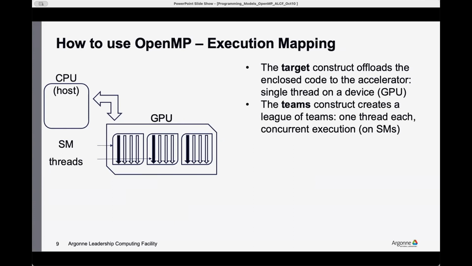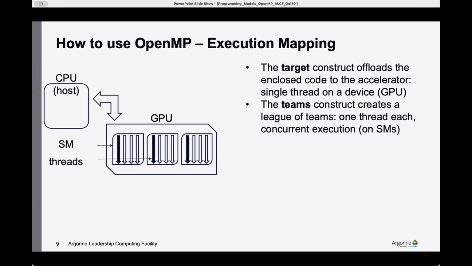So to get more threads, the first thing is to add the teams construct. This is what creates a league of teams. Each team only has one thread active, and that's what the picture is trying to show with the dark thread. But they're running concurrently. This is a coarse-grained parallelism that just says league of teams, and each team will run on an SM.